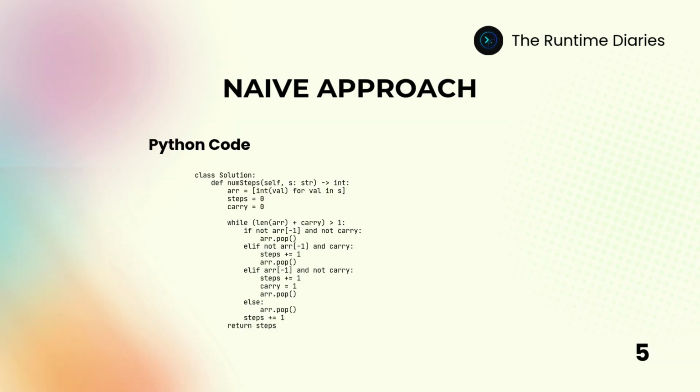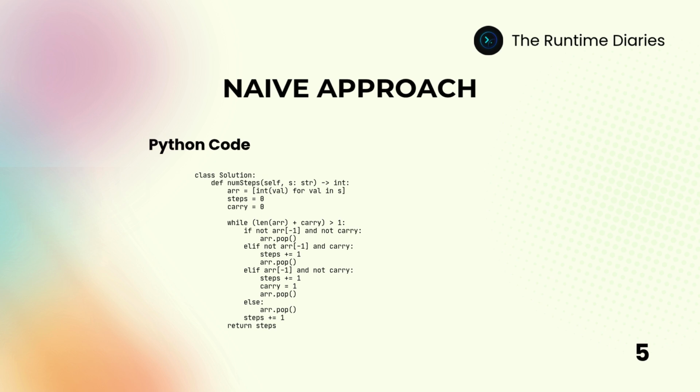So I rebuilt it. This time, literally working with the binary bits themselves. I converted the string into an array of integers and walked through the logic step by step. If the last bit is 0 and there's no carry, pop it off. That's divide by 2. If the last bit is 1 and no carry exists, trigger a carry and count 2 steps.